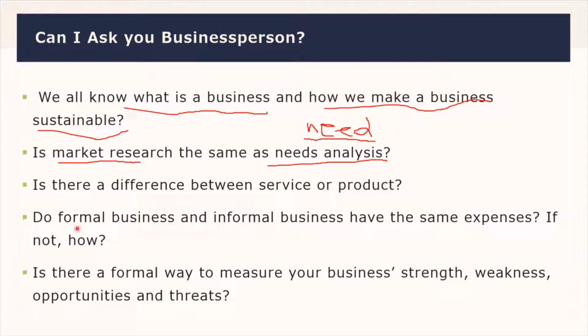So, do you know the difference between formal and informal businesses? Well, the main difference between them is that formal businesses are high-end businesses such as your Huawei, your Samsung, your Hyundai, your Mercedes.